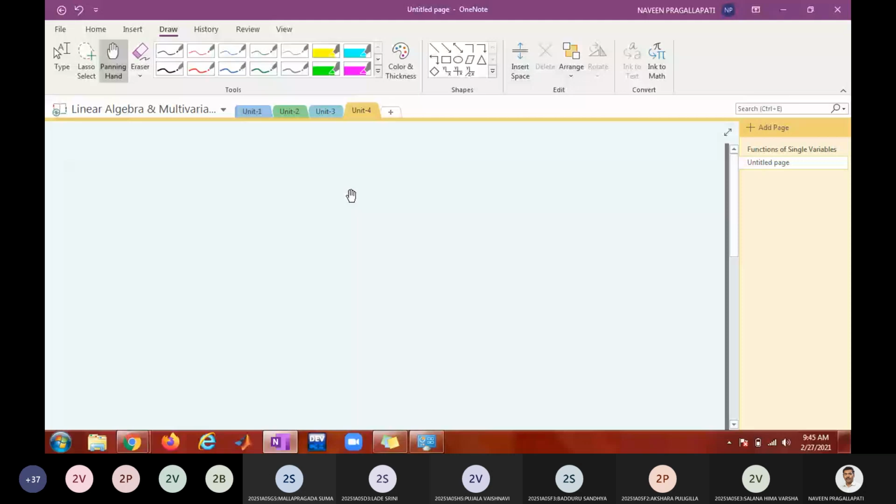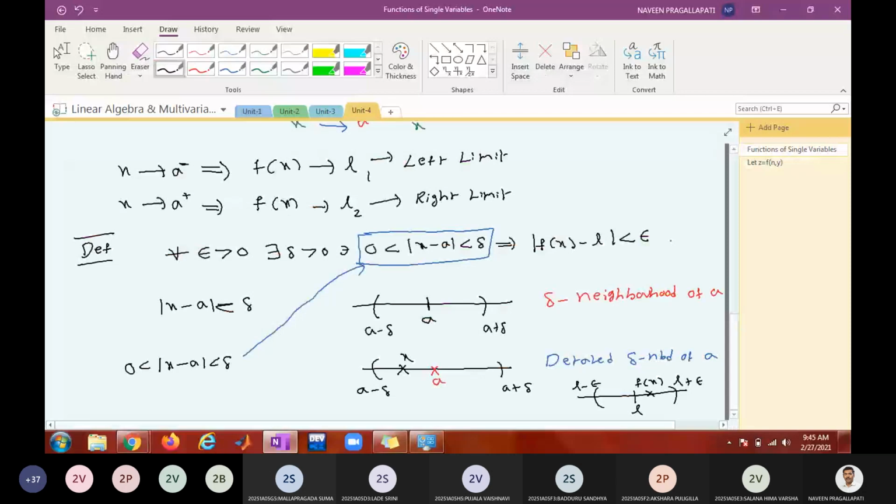Now we shall extend this definition to the functions of several variables. Let us say we are having z equal to function of x comma y. Now you have a point where this input lies. What is the input? What is the output? For a function of a single variable, the input is x, the output is y.